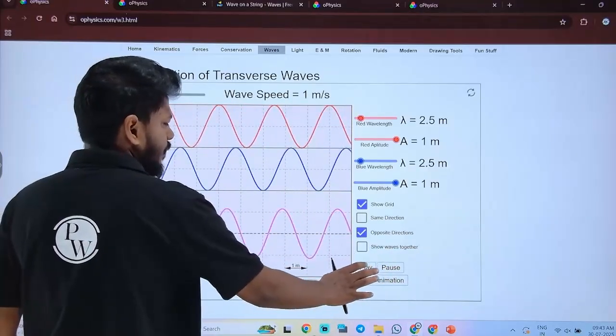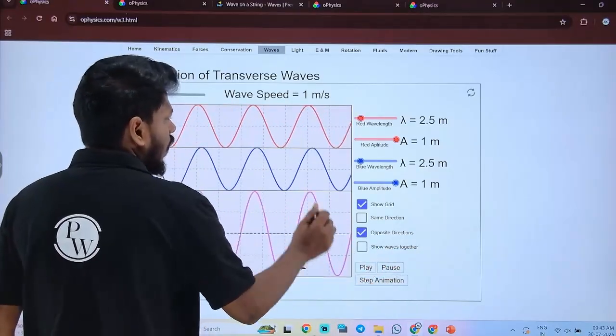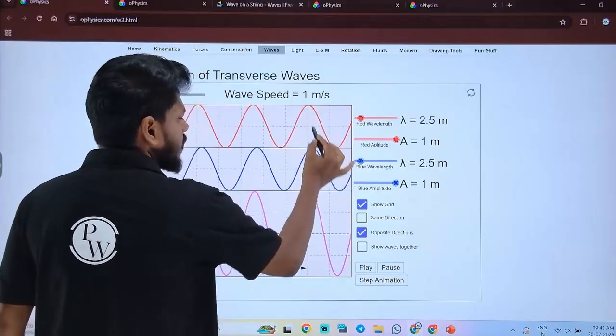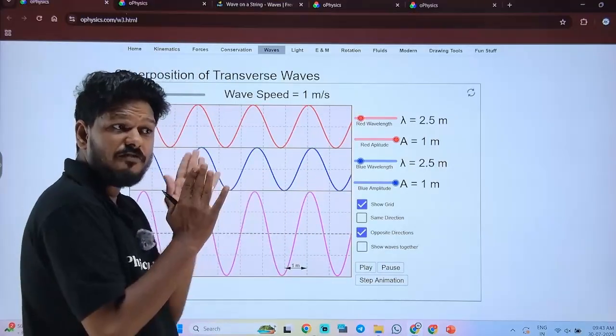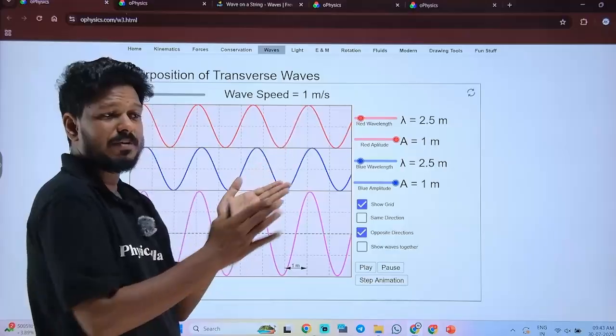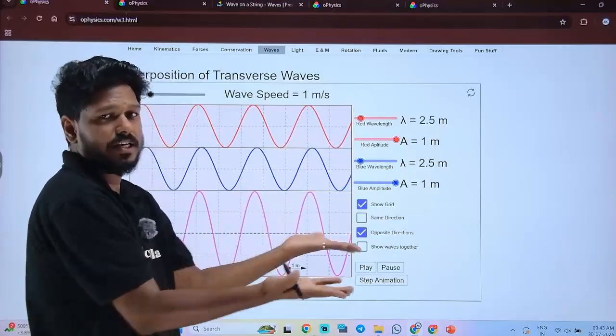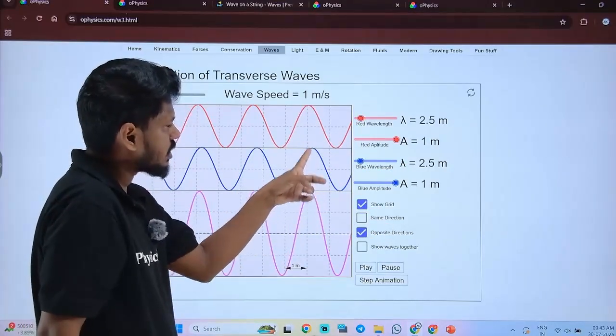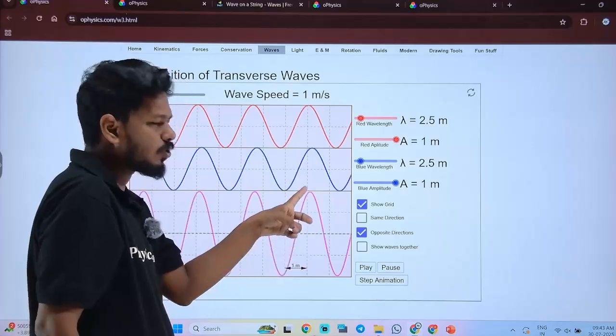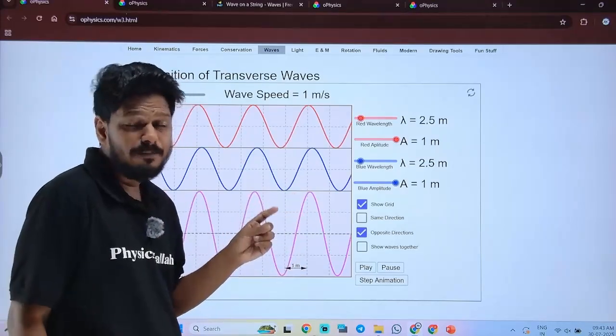When both of their maxima are at the same point, they are in phase, in the same direction. See, this is 1 meter, this is 1 meter, so my output is 2 meter, A1 plus A2.